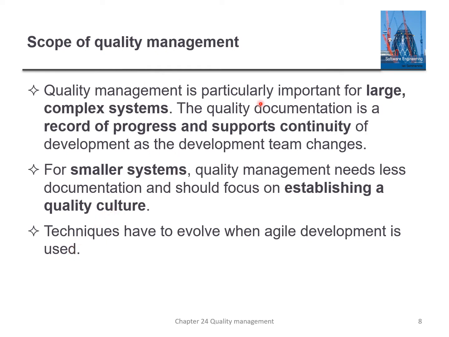I've mentioned that the document needs to be precise, right? So if the quality plan is for a large organization, a large project or a complex project, of course you need to document it thoroughly so that you can record the progress of the quality processes that have been done.